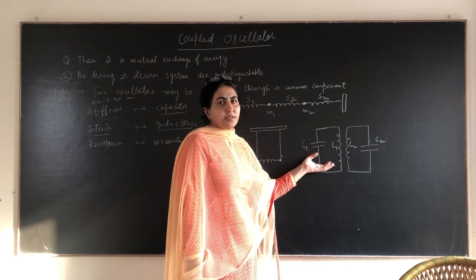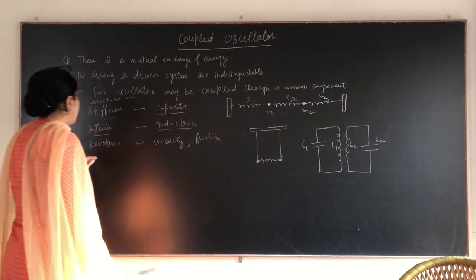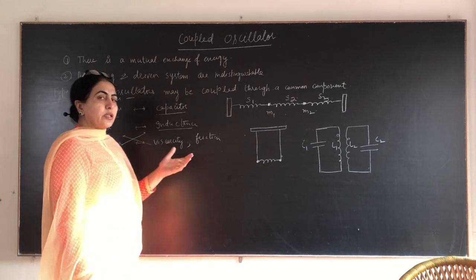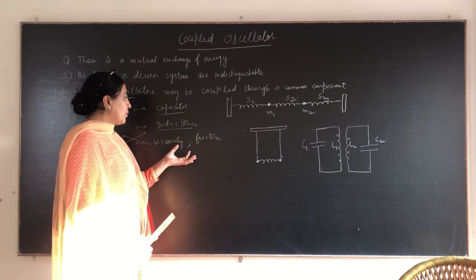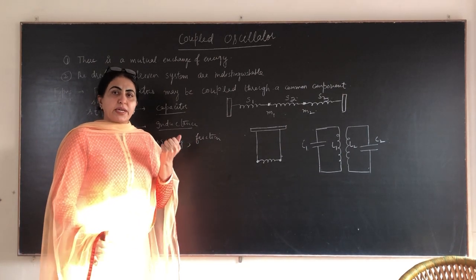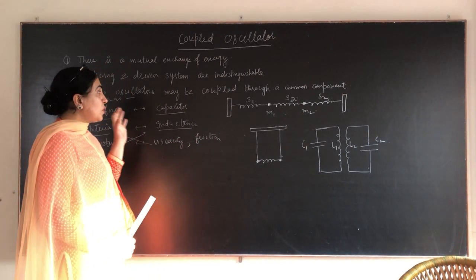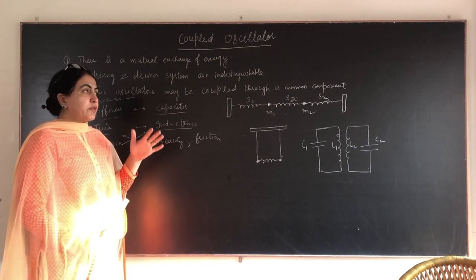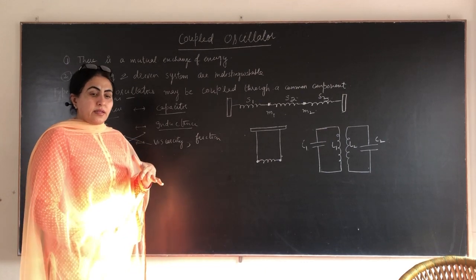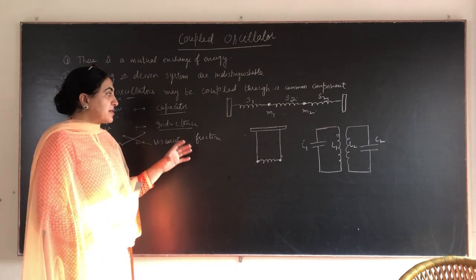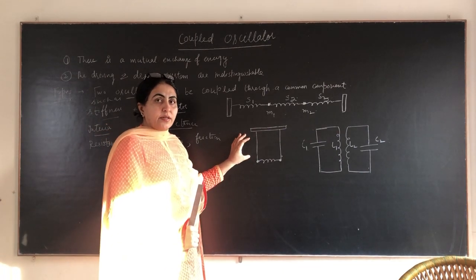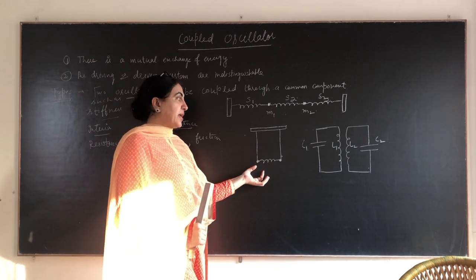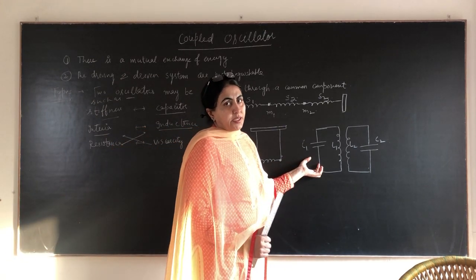So we will also discuss in detail all these types, and also coupling through a resistance in the case of electrical, and viscosity, friction, that we know the damping forces are due to friction and viscosity in the case of a mechanical oscillator. So the main coupled oscillators which we will discuss, and that are also in our syllabus, are the two pendulums coupled together with the help of a spring, and the electrical coupled oscillator.